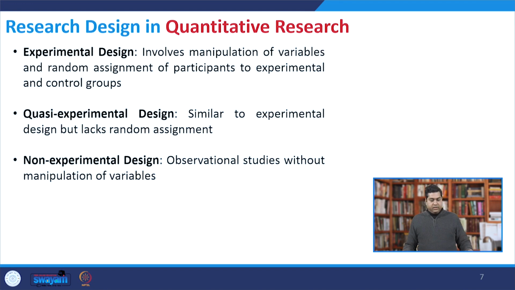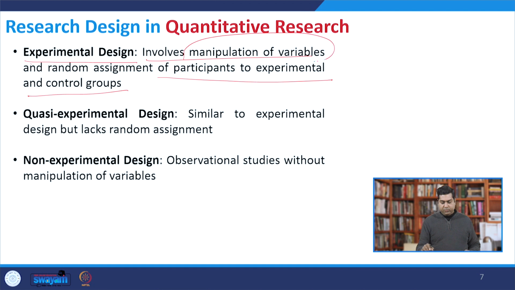Now research design in quantitative research can be an experimental design, where it involves some manipulation of variables and random assignment of participants to the experimental and control groups. What exactly is the meaning of manipulation of variables?